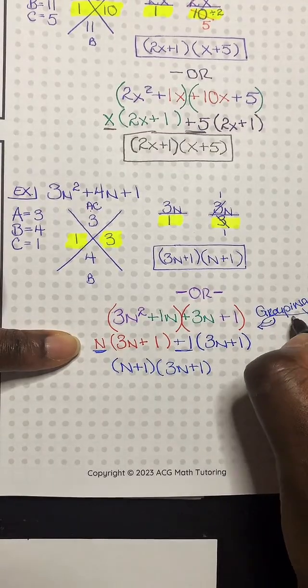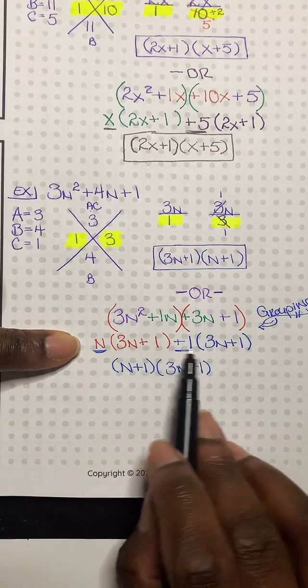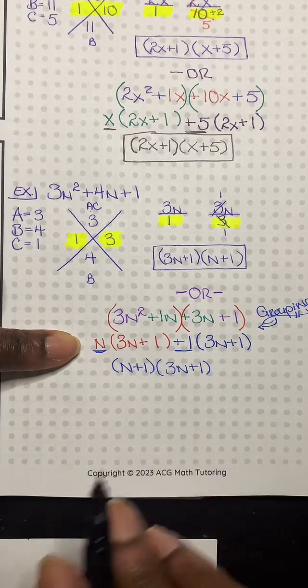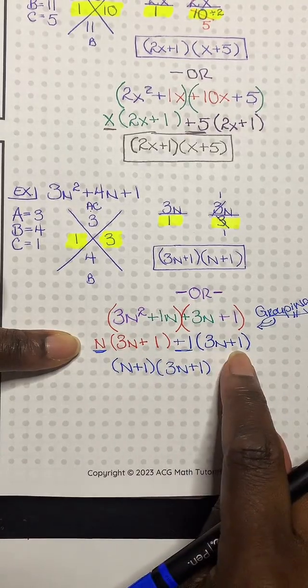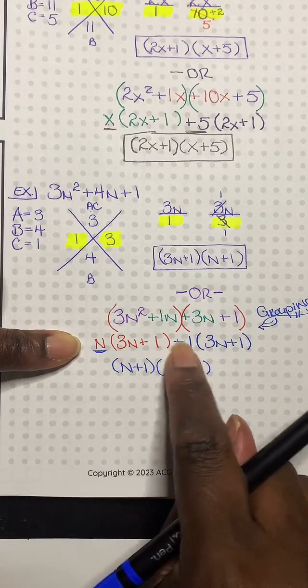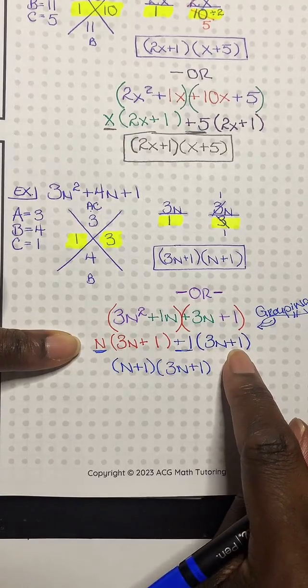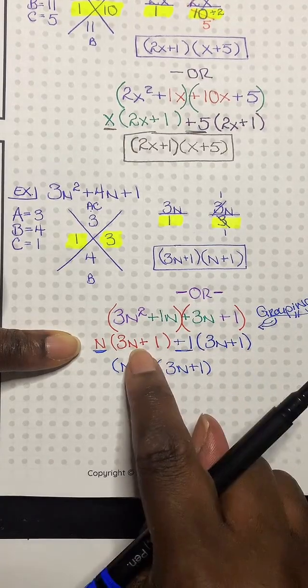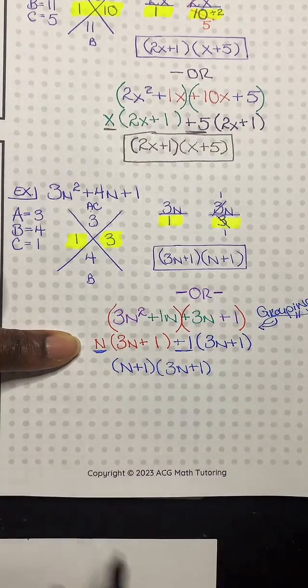With the grouping, the inside of the parentheses should always be exactly the same, like down to the sign. If they're not exactly the same, that means you might have to pull out the sign. You might have to pull out a negative out here and then maybe do the division so you can get the right signage. But the parentheses should always look exactly the same when you're doing grouping.